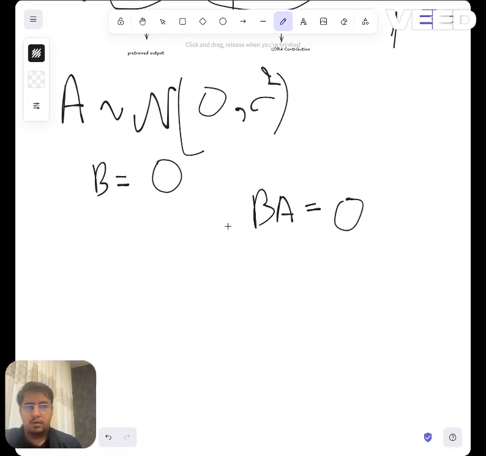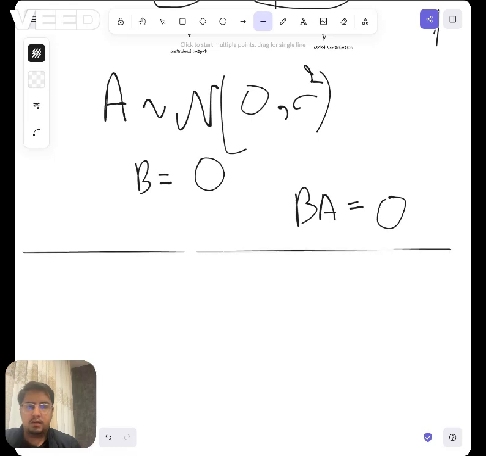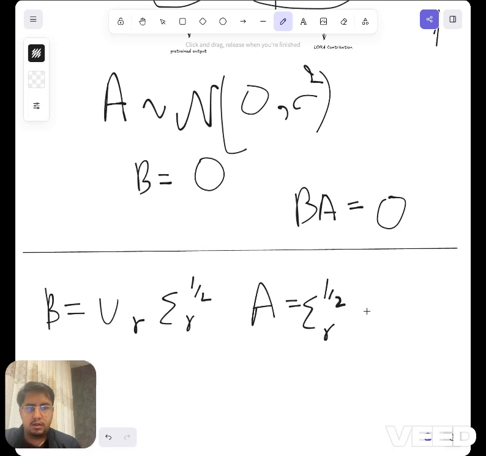So as we saw above, let's see how this differs for LoRA-GA. For LoRA-GA, B is equal to U_r Sigma_r^(1/2), and A is equal to Sigma_r^(1/2) V_r transpose.